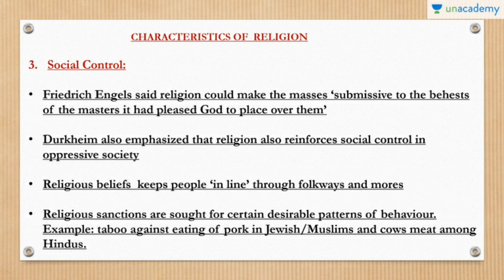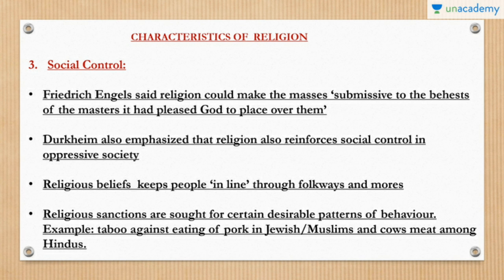Social control. Now, what is social control? Social control is when our behavior and thoughts are regulated by norms and rules. This is a very, very important component of social order. Social control tells you, this is something your religion does not allow you to do.